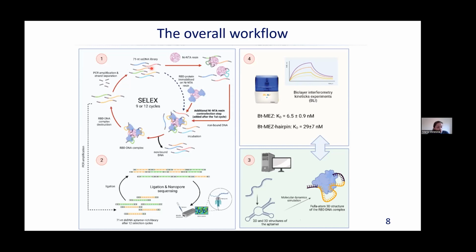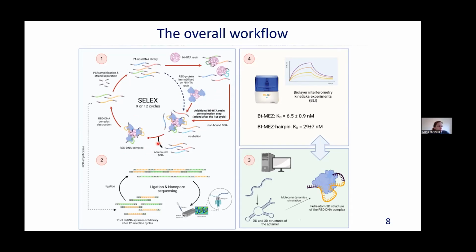Then the oligonucleotides that are bound, special experimental procedures are utilized to promote dissociation, and this small amount of oligonucleotides that are prospective from the binding viewpoint are amplified using PCR, and the next cycle is initiated.